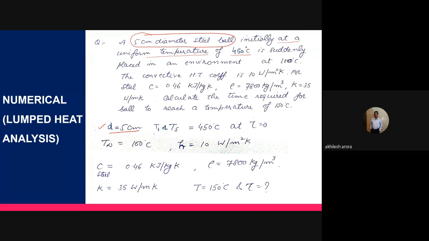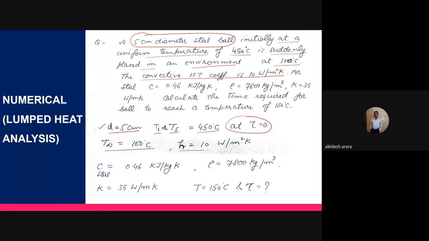So Ti or Ts is equal to 450 degrees Celsius. That is the second information. It is suddenly placed in an environment at 100 degrees Celsius. So this temperature of 450 was at tau equal to 0, and now it is placed in an environment at 100 degrees Celsius. So the value of T infinity is 100 degrees. The convective heat transfer coefficient is 10 watt per meter square Kelvin.